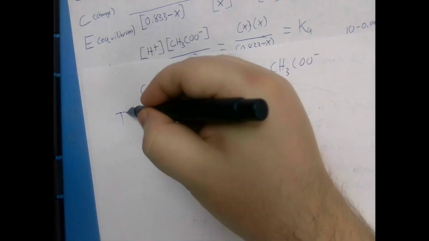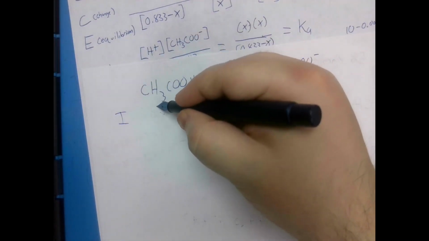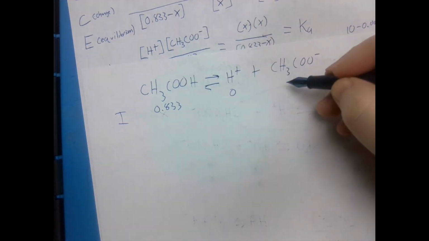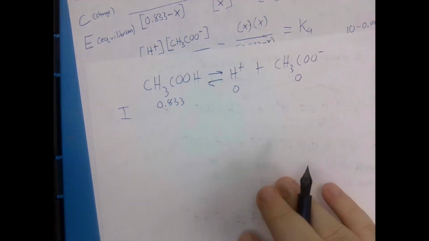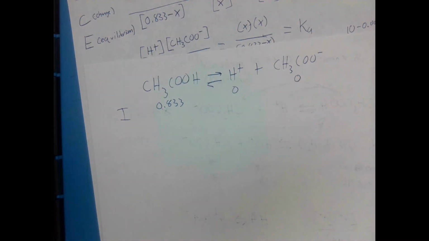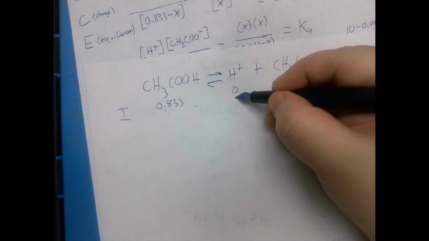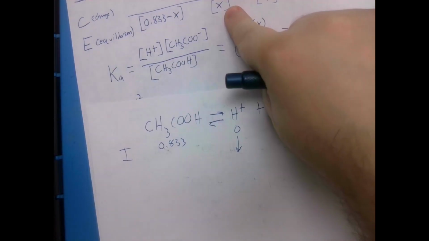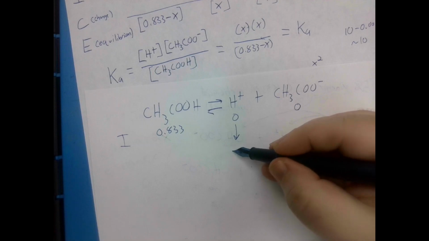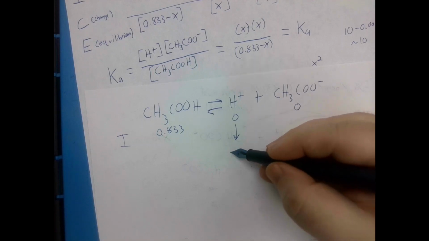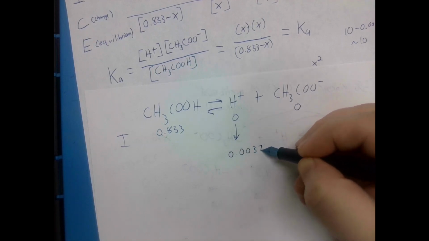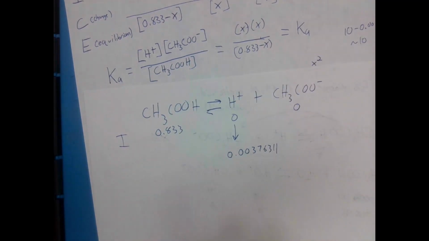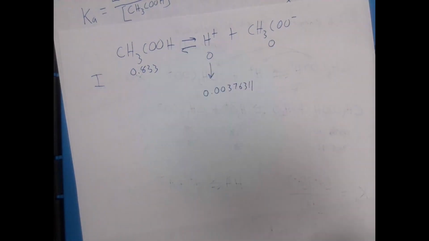We're going to start out with 0.833 and 0 and 0, and eventually the 0 is going to turn into our x. So we're going to end up with 0.0037546 H plus ions. So we now know our concentration.